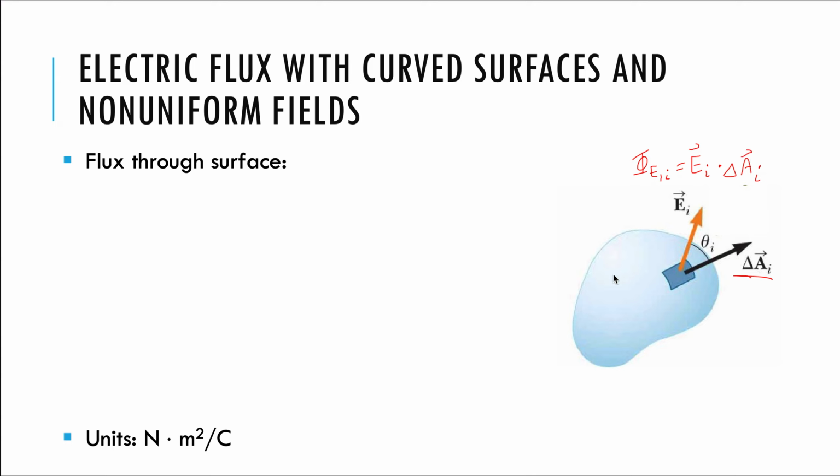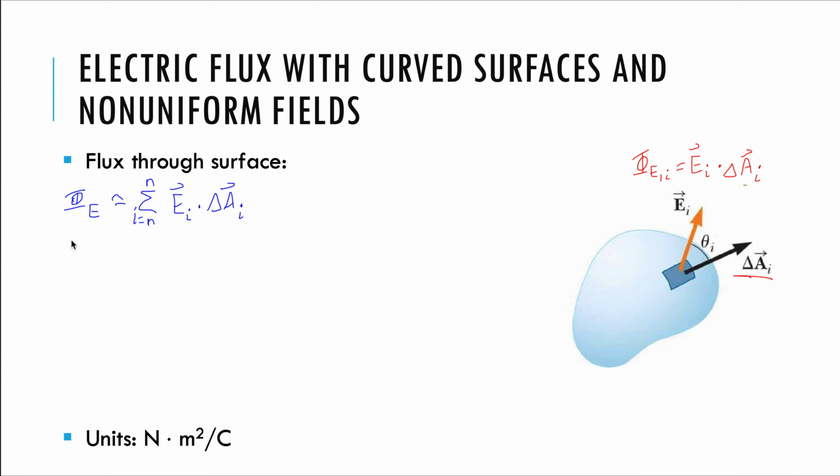But now we want the flux through the entire surface, so we need to sum up the contribution of all of these patches. So the electric flux is approximately going to be equal to the sum of all of the E_i dot delta A_i, from i equals 1 through n, just summing up all of the contributions.